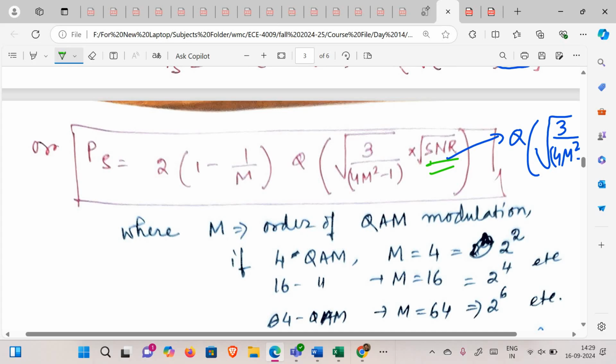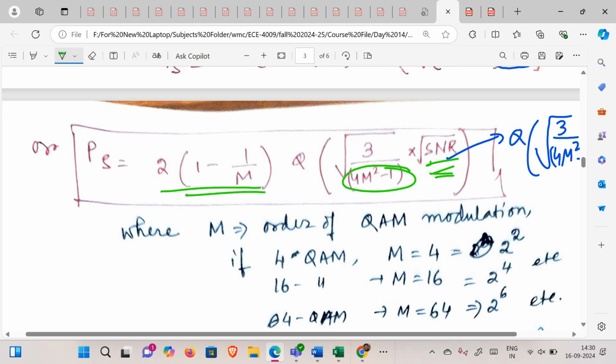In case of BPSK, it was only Q function of square root SNR. In BPSK and QPSK also, it is almost the same. But in QAM, what happens? You have the order of modulation coming in on top of the SNR. And this will be a constant term, 3 by 4m square minus 1, a constant term which is added on top of SNR. And also there is a factor of 2 into 1 minus n.